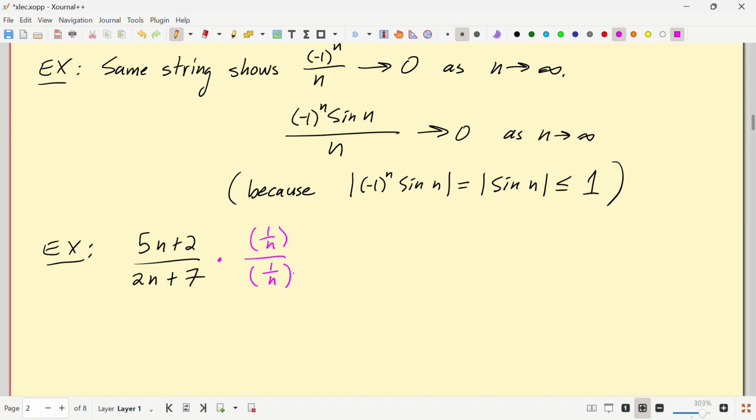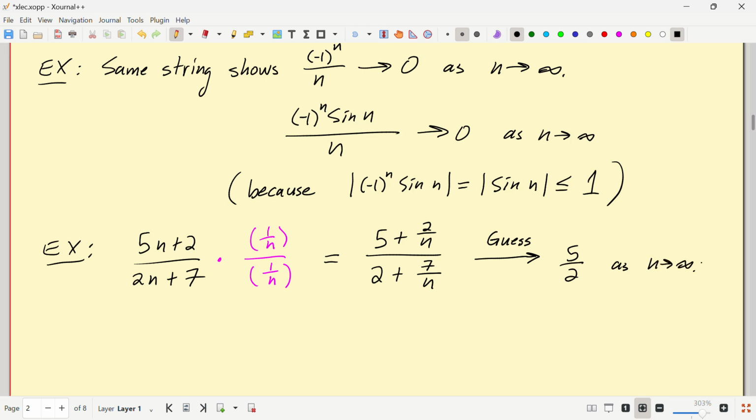So I multiplied by 1 in that form. And that would be 5 plus 2 over n, which I think is something really small, and on the bottom would be 2 plus 7 over n, also something small. So at the moment I'm just guessing, this is going to go to 5/2 as n goes to infinity.